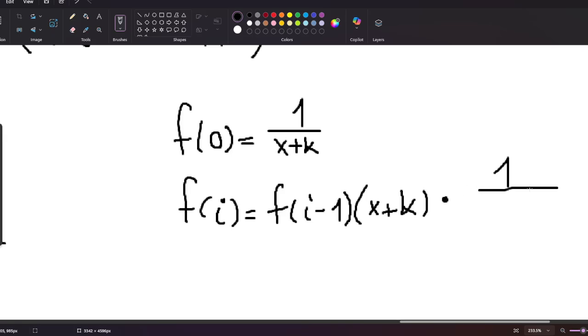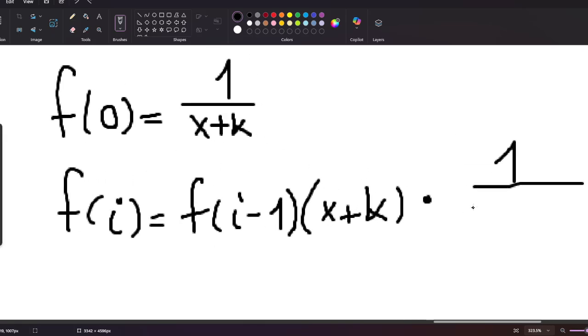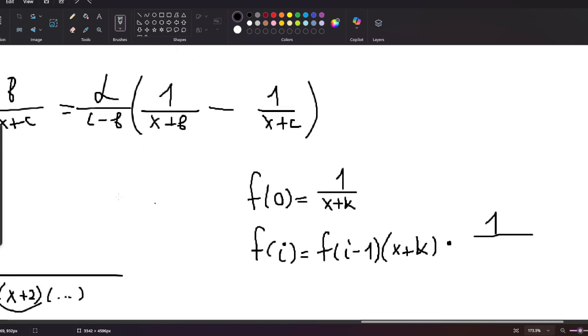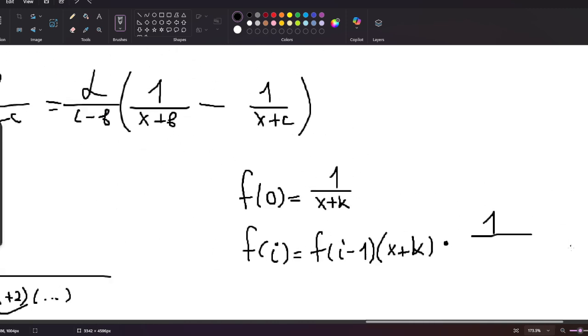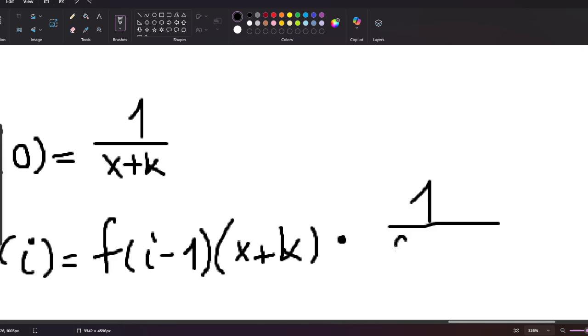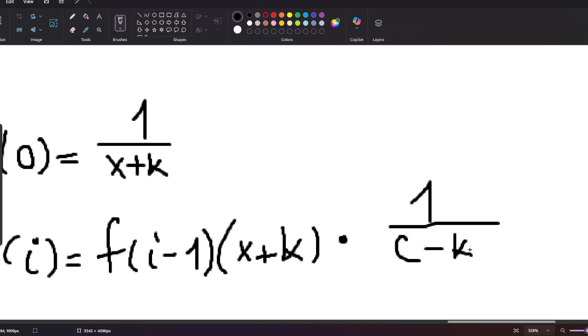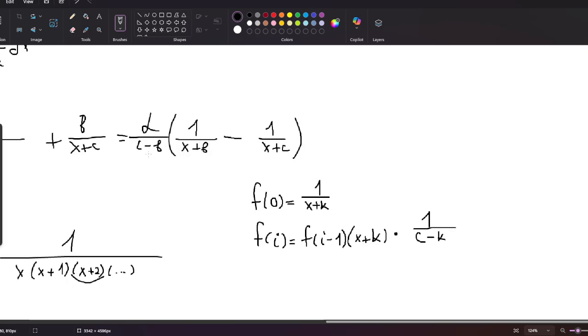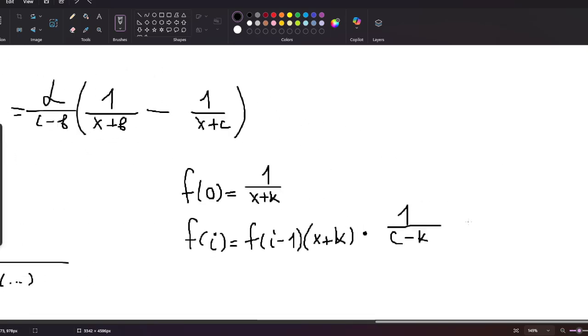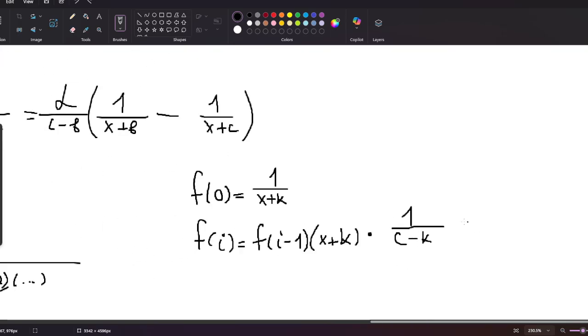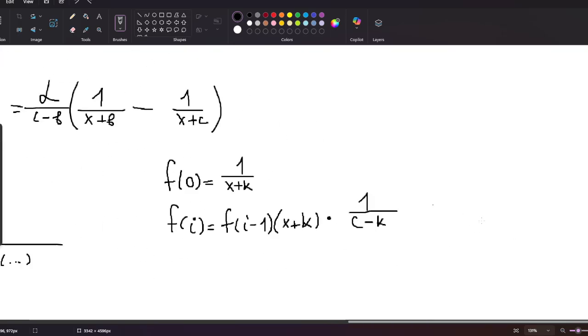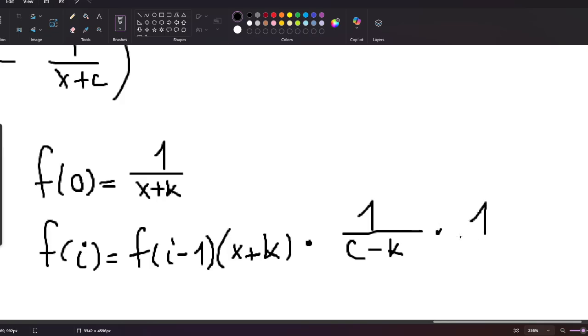I'm not going to do this formally and define a bunch of other arguments. Here we don't know c, so let's leave it like that. And k we know. B here is just k. So now what we have left is times 1 over x plus k.